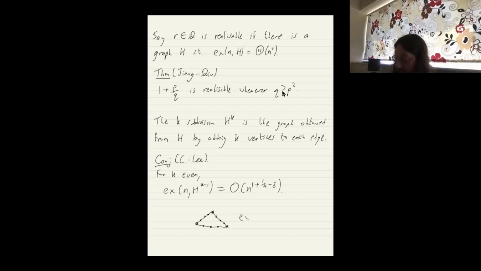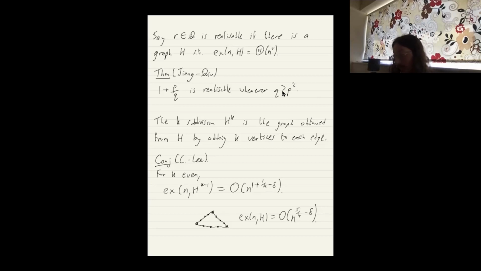So the extremal number of this thing should be n to the 4/3 minus delta. The way to think about this, sorry, this should be 5/4, not 4/3. n to the 5/4 minus delta.